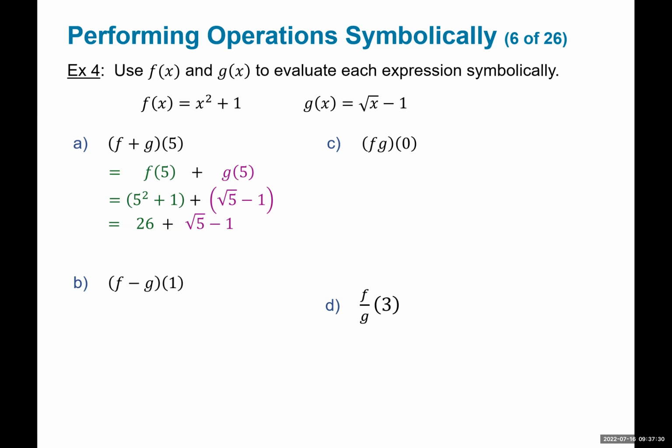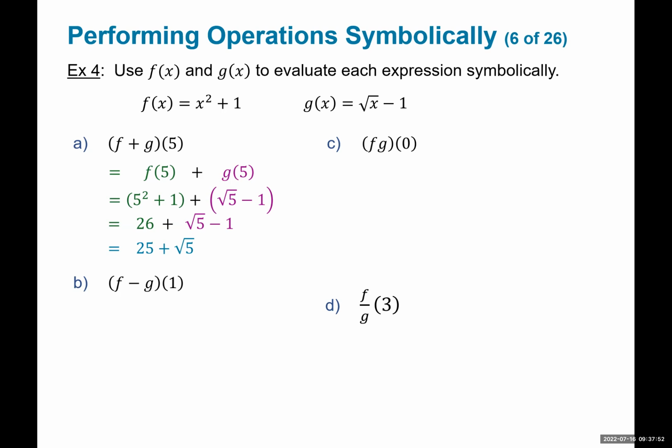Well, that 26 and that 1 are like terms, so you can do 26 minus 1 and get 25. So 25 plus the square root of 5 is the answer. You could go further and actually estimate the square root of 5, but we don't want to do that. We want to leave it in exact terms.